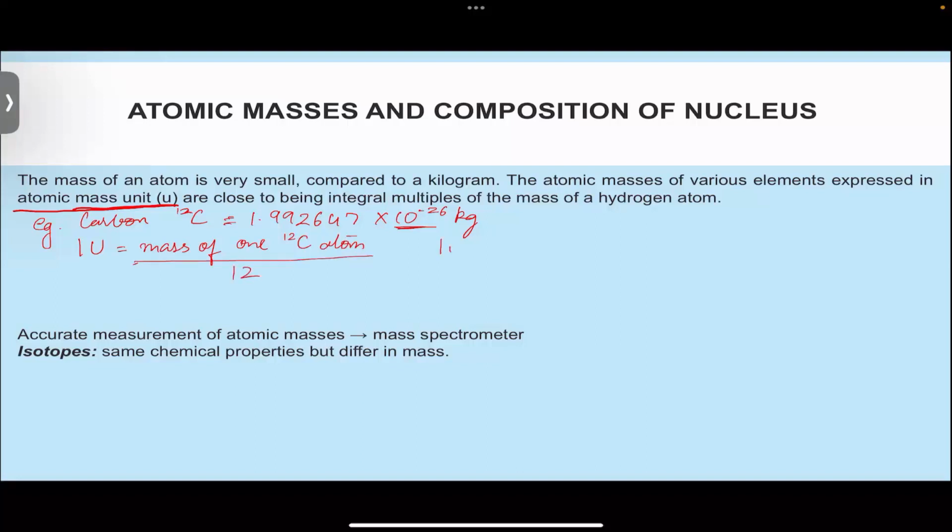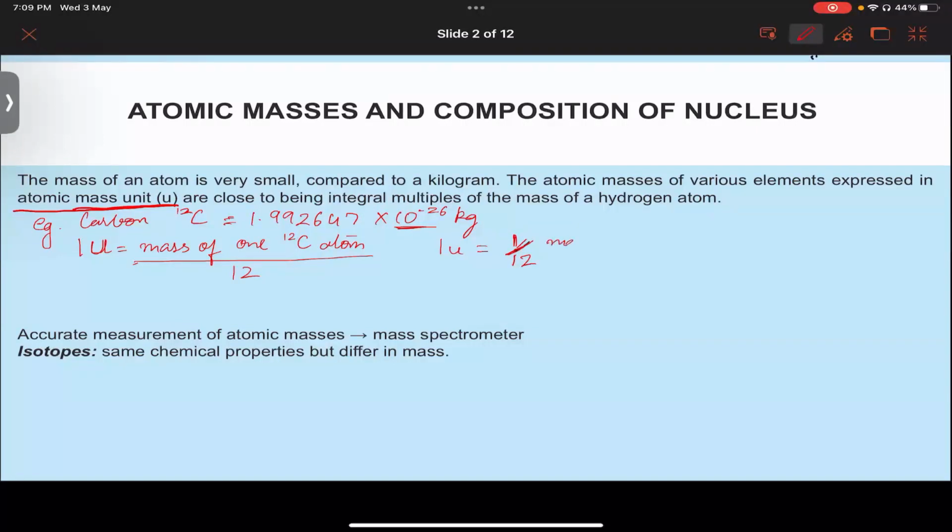Because 1 u is equal to 1/12 of the mass of C12. If you calculate this, 1.992647 into 10 raised to minus 26 by 12, that comes to 1.6605 into 10 raised to minus 27 kg.